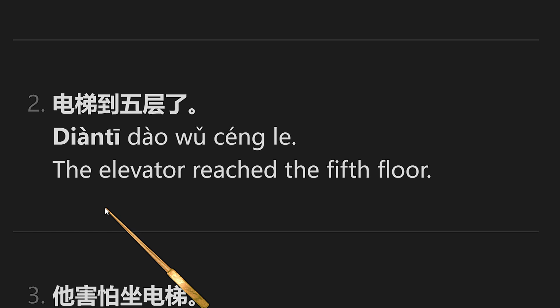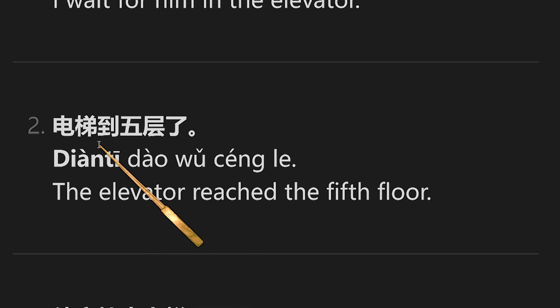Next word. The elevator reached the 5th floor. 电梯到5层了。The new word, oh no, maybe we saw this. 层, 4 letters. It's not 'cen', it's 'ceng' because it's ng. 层 represents floor.